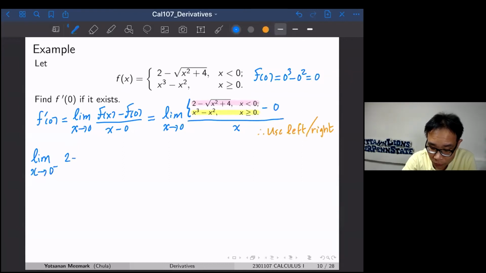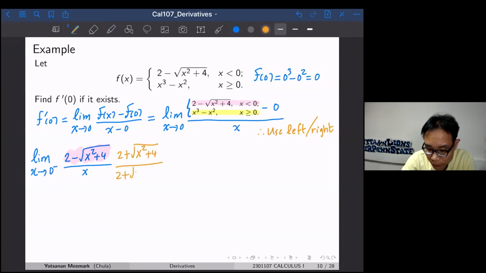So it's going to be 2 minus root x squared plus 4 over x. Okay. So this will be the pink formula. And you're going to have to multiply by 2 plus root x squared plus 4 over 2 plus root x squared plus 4.